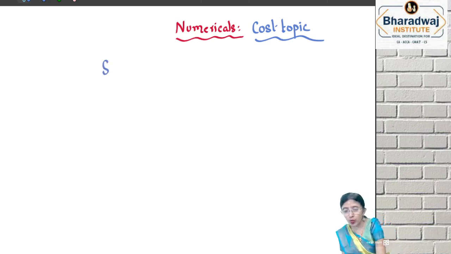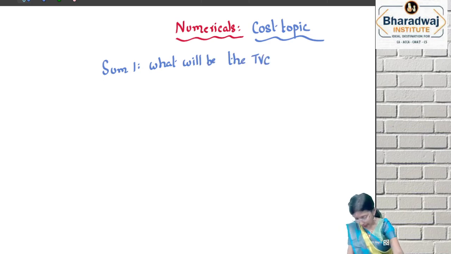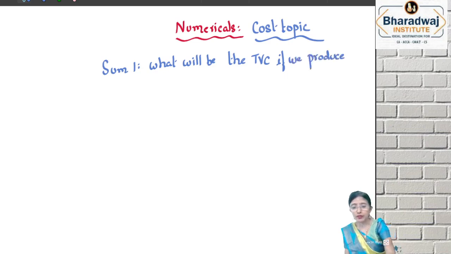First, sum 1. What will be the TVC? What will be the TVC if we produce 2 units? Okay, and the data is given here.